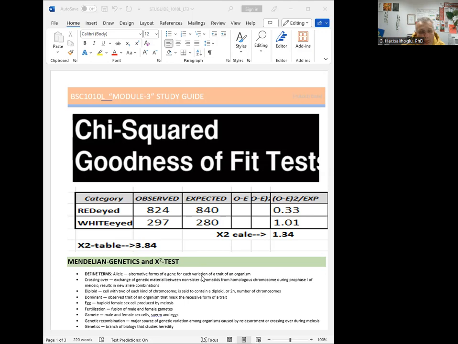We always want our chi-square calculated number to be smaller than the chi-square table value in order to accept our hypothesis. Is it the case? 1.34 is smaller than 3.84. So our result: yes, we accept H0, our hypothesis.